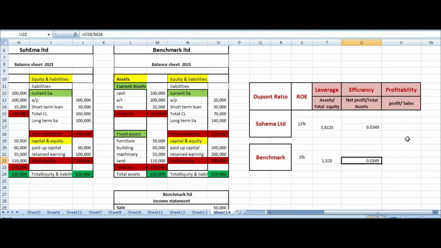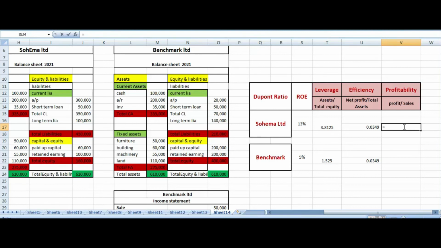Now we will look at the profitability ratio. Maybe there is a problem with the benchmark in generating profit. That will let us know whether the performance of Soima is better because of the profitability ratio or not. So let's calculate the profitability ratio.